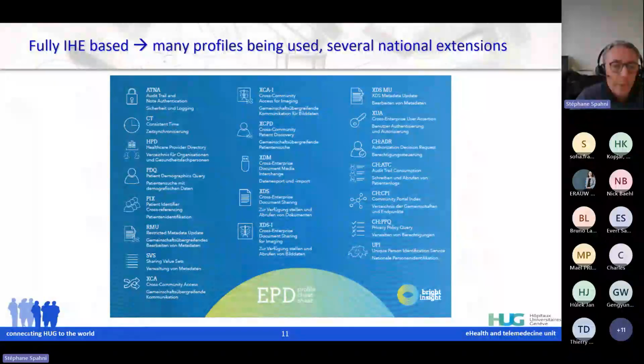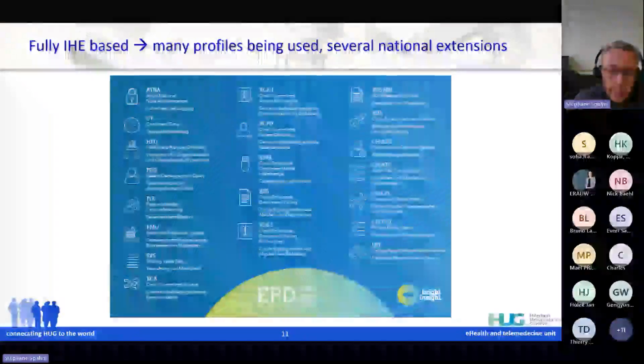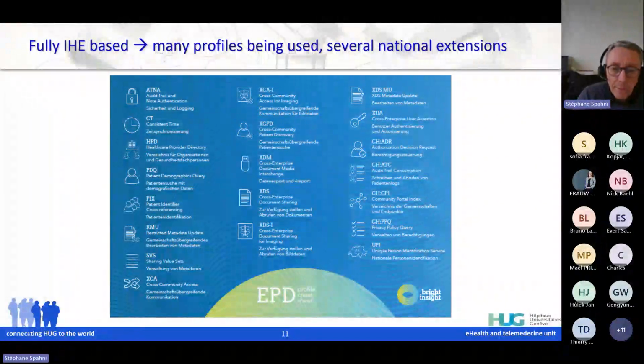Every community is based on IHE profiles. That's part of the law. There are a certain number of mandatory profiles, quite a lot of different profiles. There are also national extensions about the access log, about the management of the index of healthcare professionals, the management of the access rules, the policies, and some central services for managing the national patient identifier.